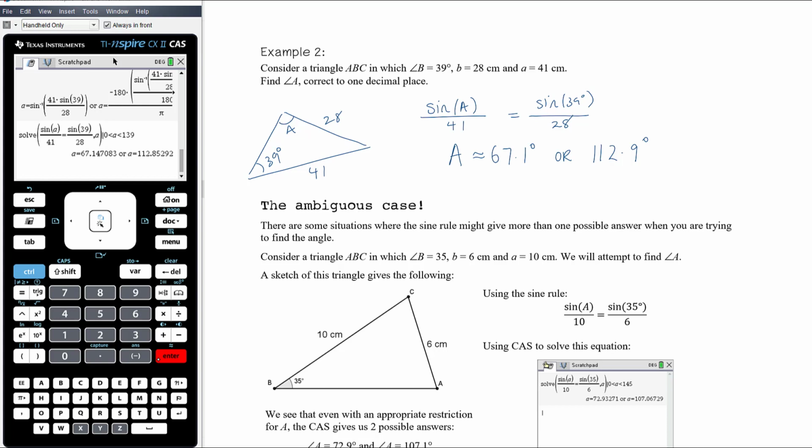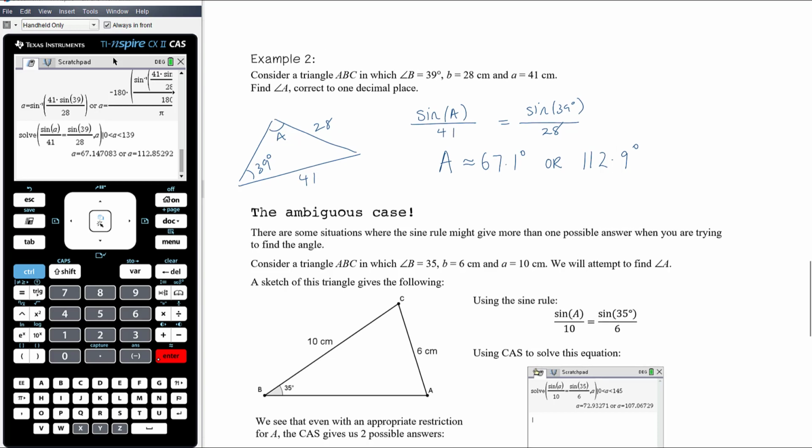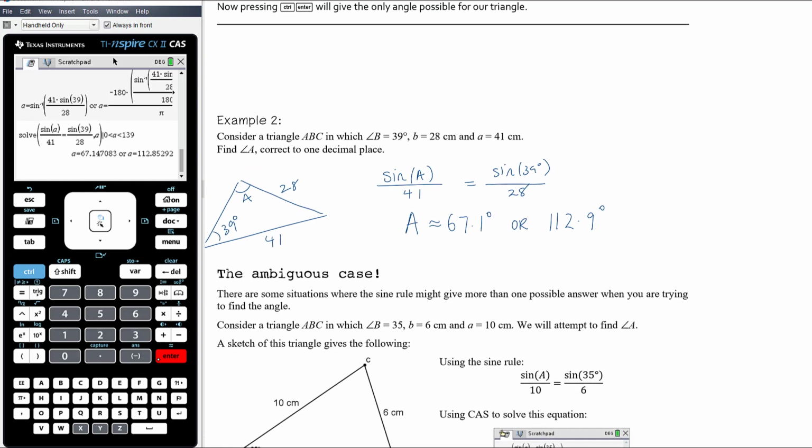So neither of these angles actually make the triangle add up to more than 180 degrees. So why are we getting two different answers? Are there actually two different answers? So actually what's happening here, let me draw a slightly different and a bit better triangle. Okay, so let's say we've got that.